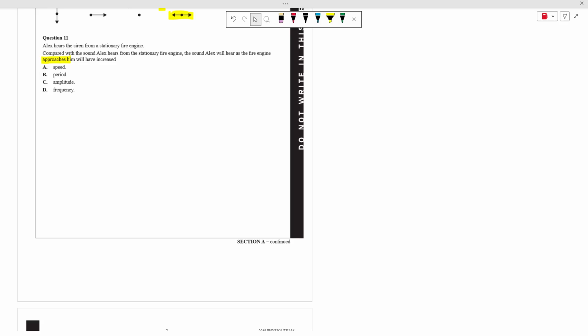The speed of the sound will increase. No. The speed of the sound in air is fixed. If there was wind or something, then you could maybe make an argument for that, but it didn't say anything about that. So the speed of sound in air doesn't change, whether or not there's a fire engine moving towards you. So it can't be A.